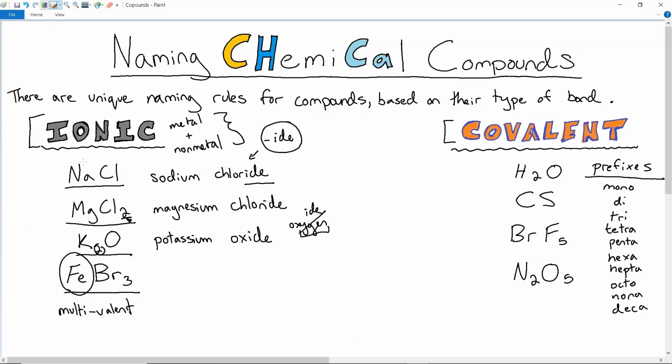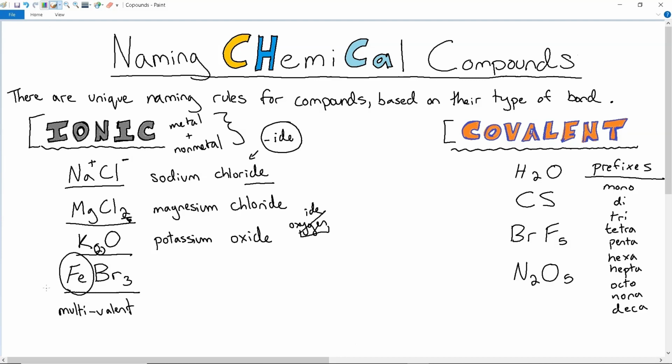So if we go back to our first example, if I wanted to write out the ionic charges for my ions, I know that sodium always gives away one electron to become positive, and chlorine always gains one electron to become negative. So we'd have a charge of +1 on the sodium and a charge of -1 on the chlorine.